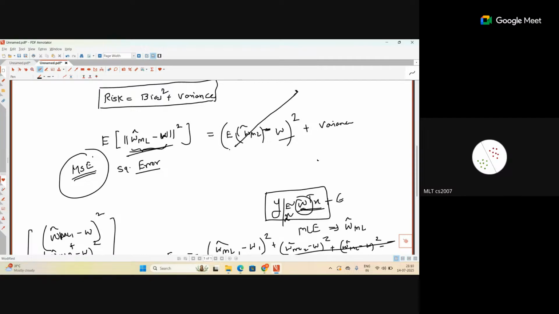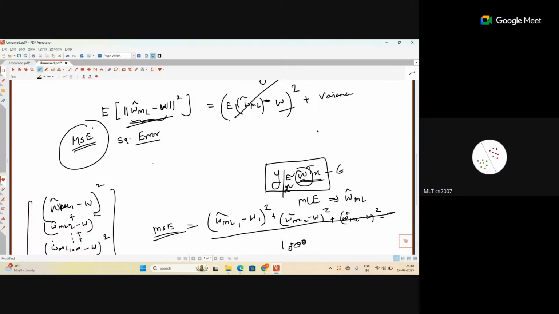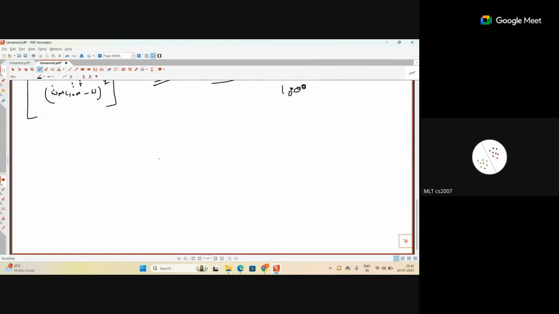When I say unbiased, then the bias quantity will become 0. That means the squared error here will be equal to the variance. So the expectation of (w hat ml minus w) square is equal to the variance, right?